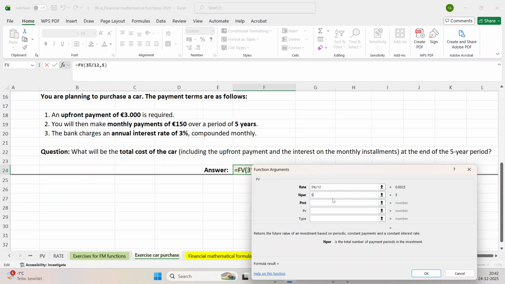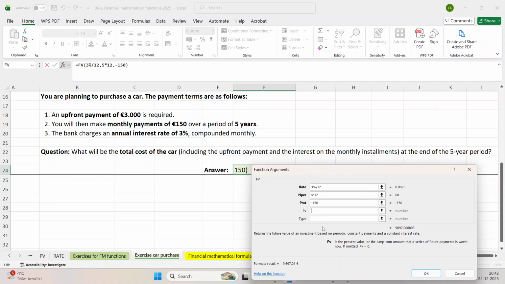We are doing it over 5 years, but we are going to pay monthly. The rate is also given monthly, so we have to convert the period into months by multiplying by 12. Our payment is 150 euro. It is a payment, so we have to give minus.